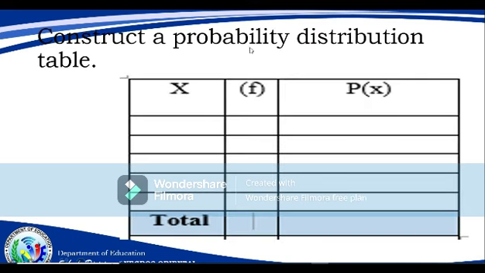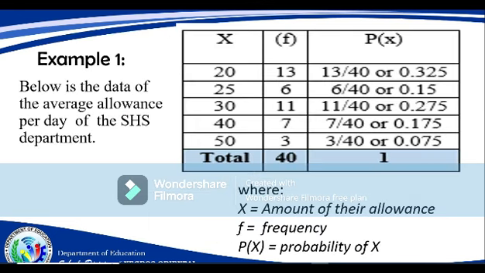Now construct a probability distribution table. So this will have an example. So below is the data of the average allowance per day of the senior high school department.